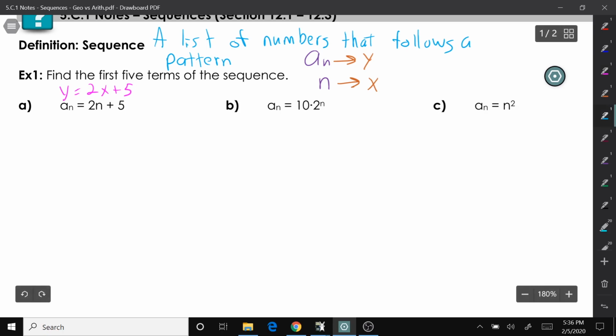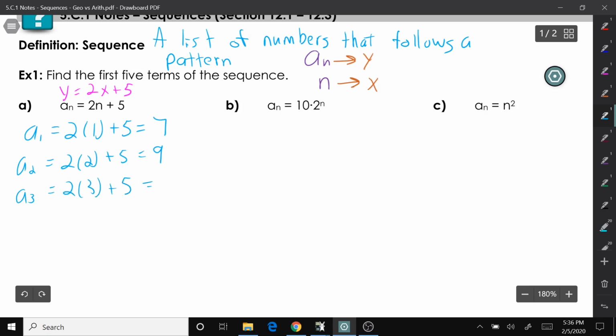So for the first couple, I'll write them out. a1, because that's the first term, will equal 2 times 1 plus 5, which is 7. a2, 2 times 2 plus 5, and that will equal 9. a3, 2 times 3 plus 5 equals 11.